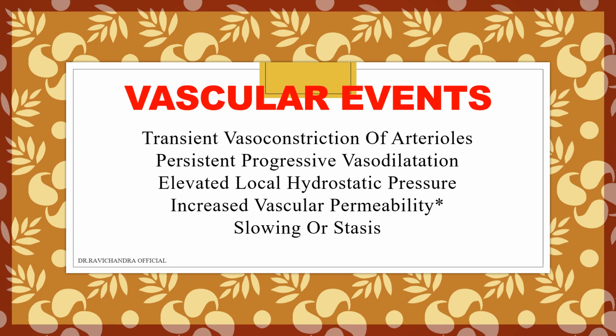And the last but not the least, slowing or stasis. So total five vascular events are there in any inflammation. One is vasoconstriction, then progressive vasodilatation, then increased hydrostatic pressure, fourth increased vascular permeability, and fifth slowing or stasis.